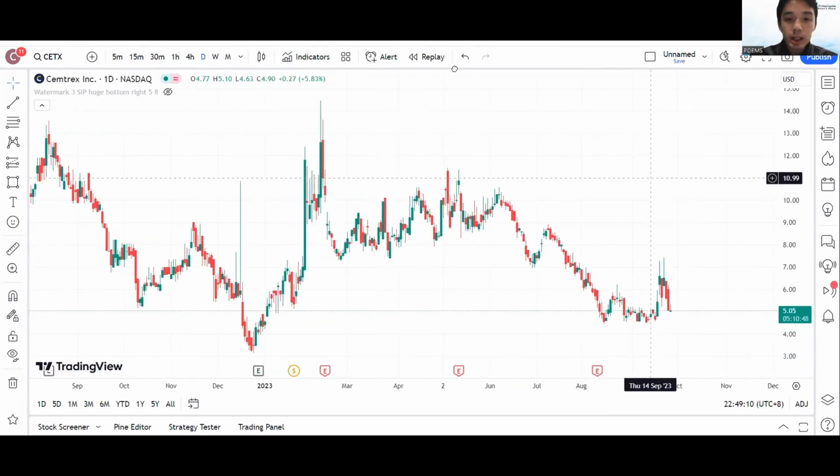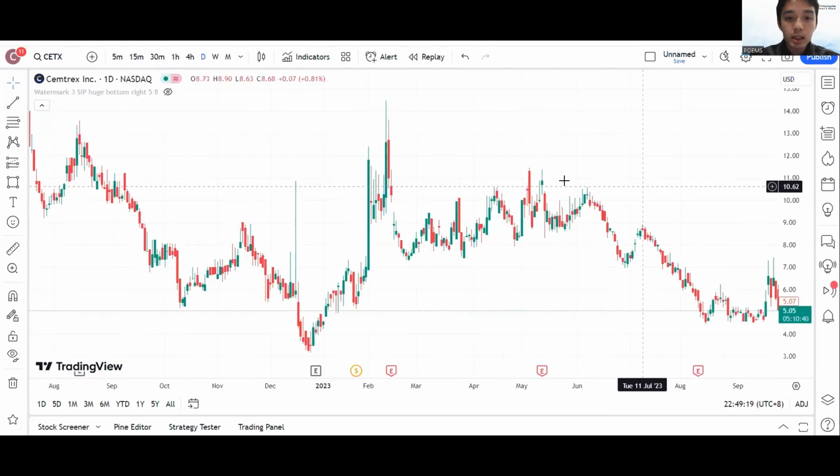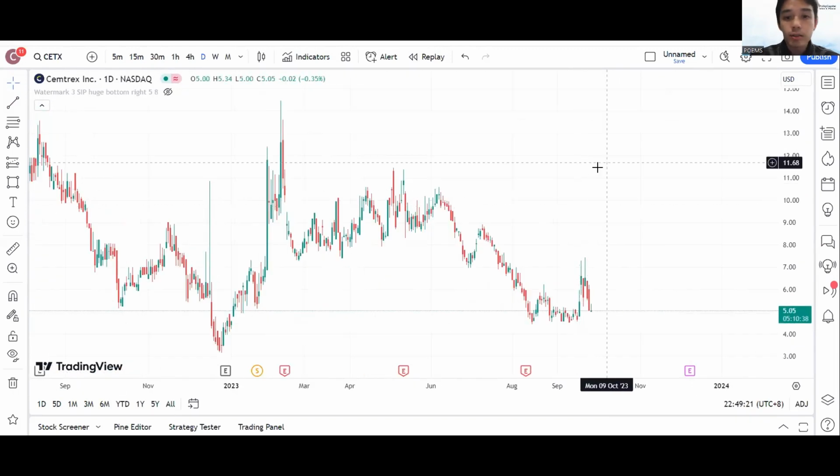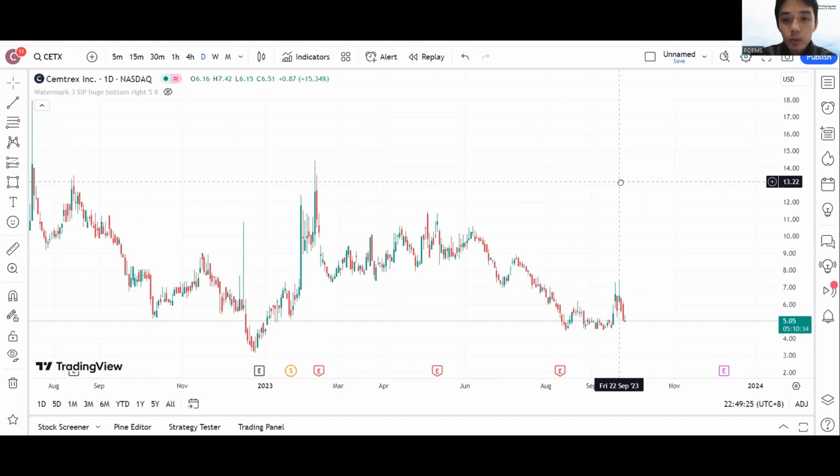Very interesting. Once again, it's day trading for this counter. Not something you will want to hold for long, but day trade wise it's a 50-50, either win or lose. So you can still trade, no problem.